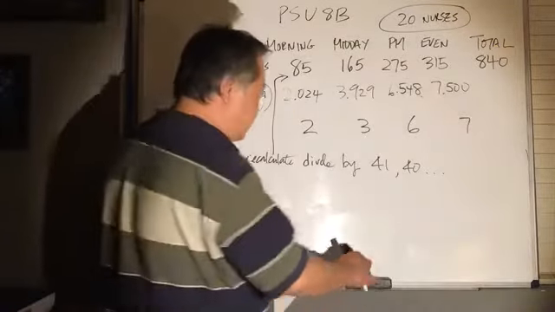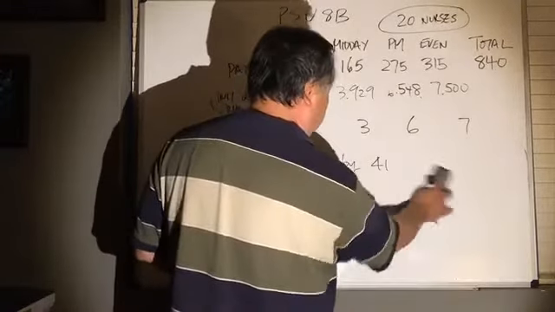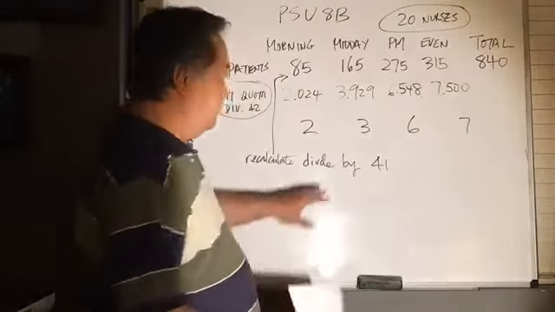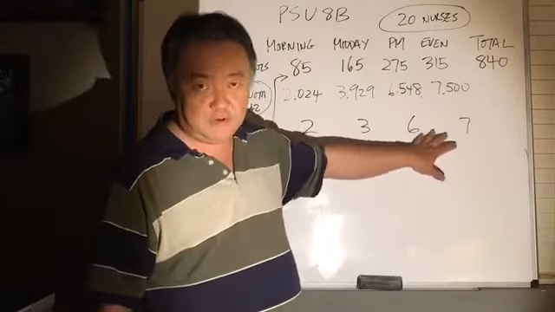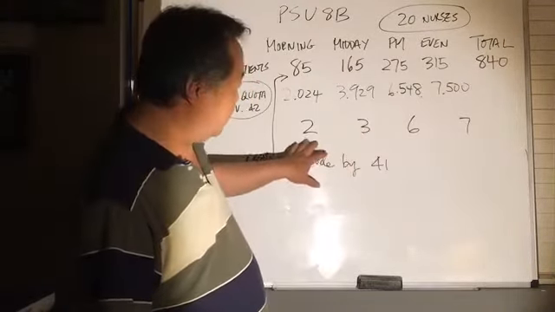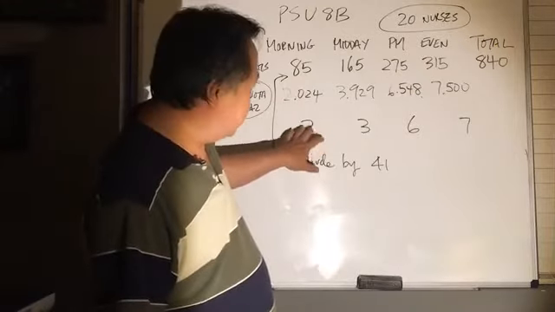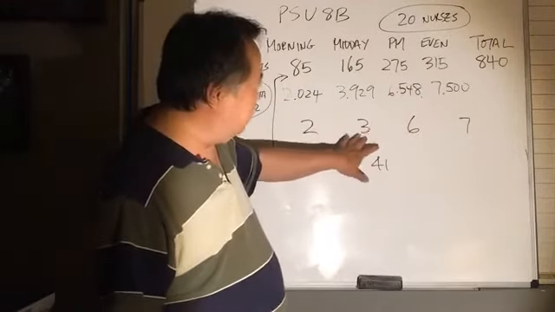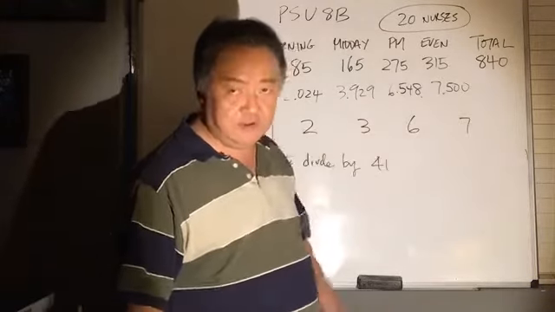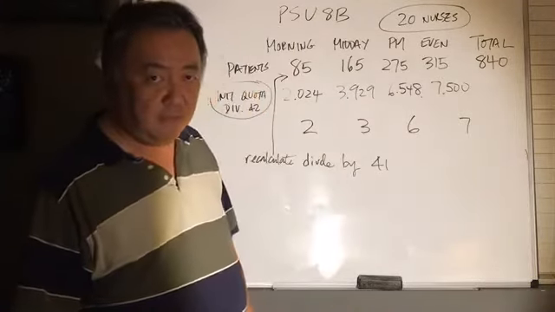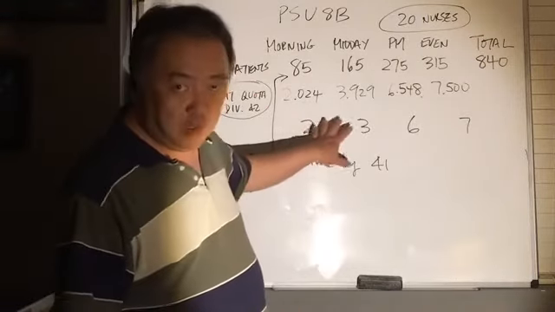Now what happens, let's say if you divide by 41 and suddenly 3 of these numbers jacked up by 1, possible. If this becomes 3 and 4 and 7, and then 7, then you got 21, right?